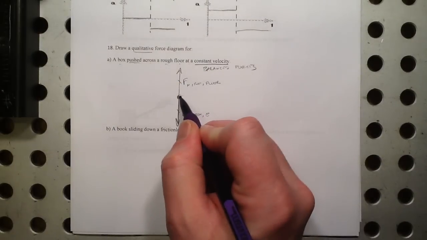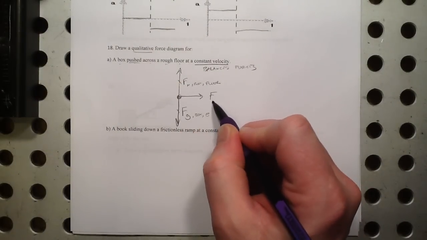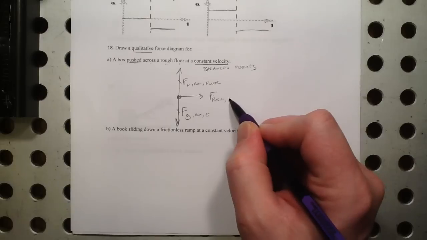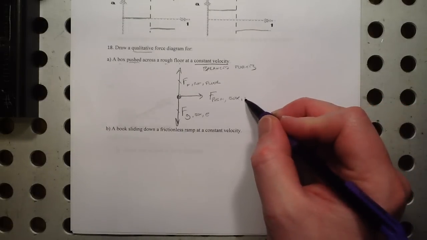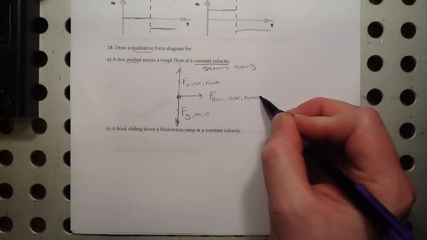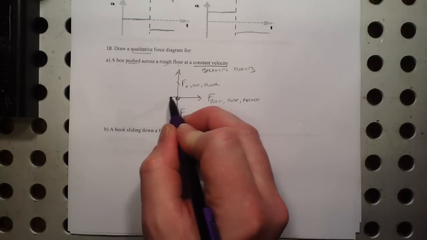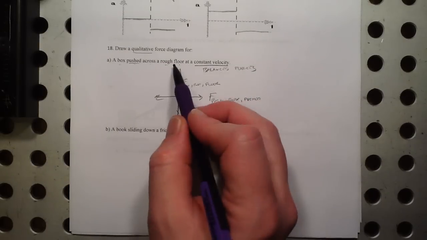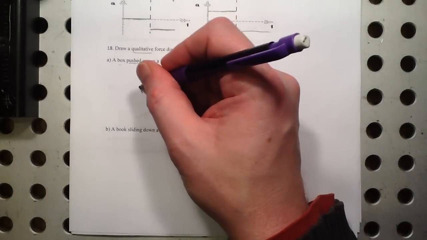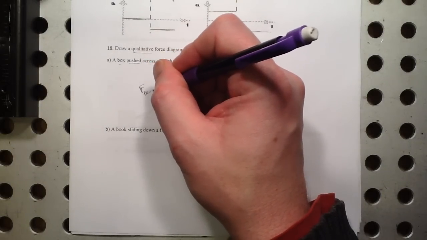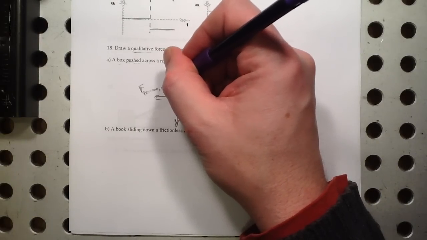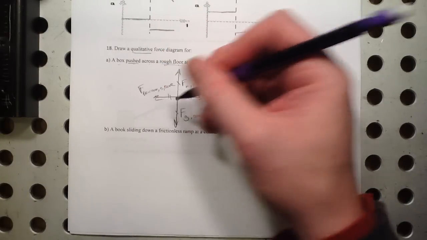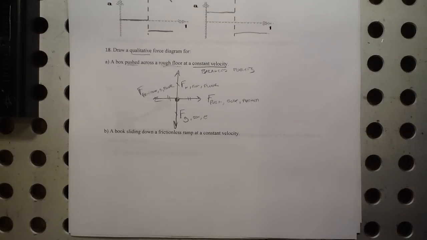It's being pushed, so there's the push on the box from, I guess, the pusher, whoever is pushing it, a person if you want, or whatever. And then it's moving at constant velocity. It says rough floor here to suggest that there is friction on the box, also from the floor. And those are also equal. We've seen diagrams like that before.